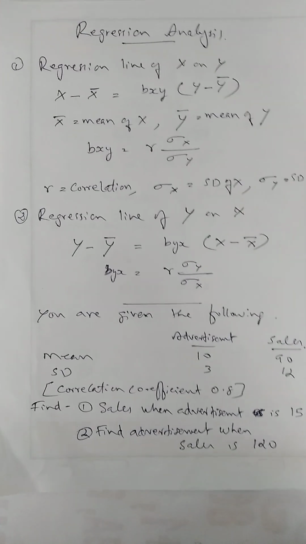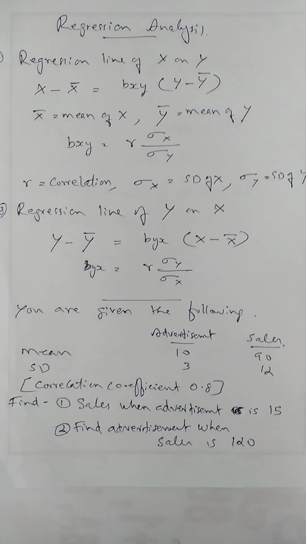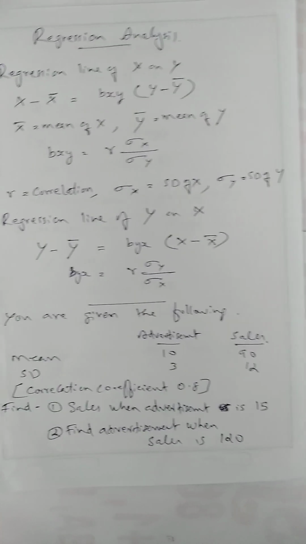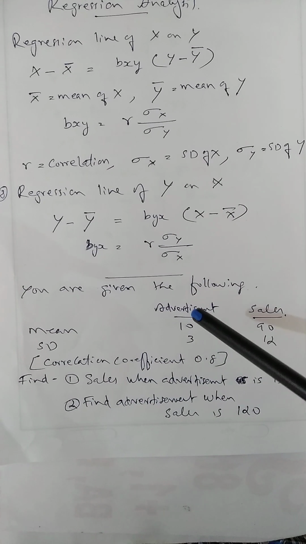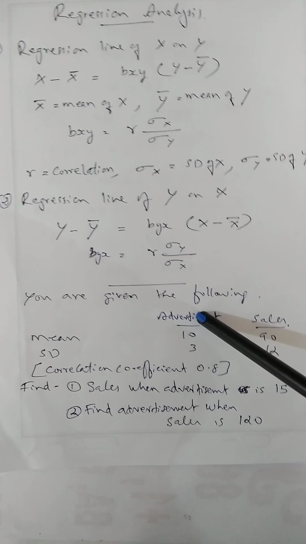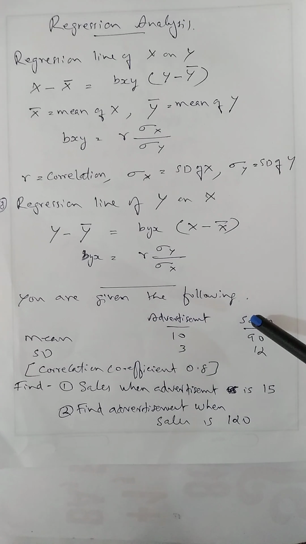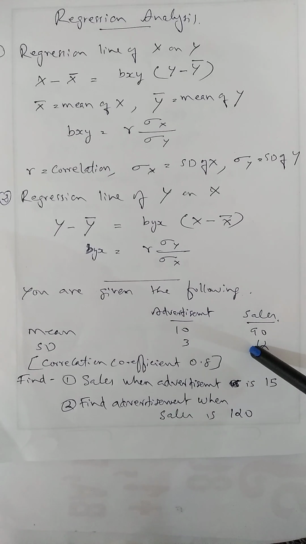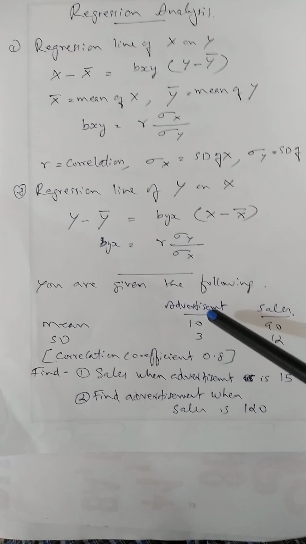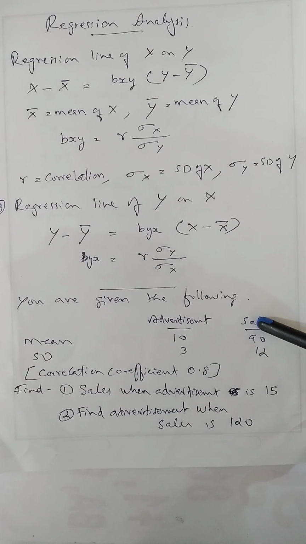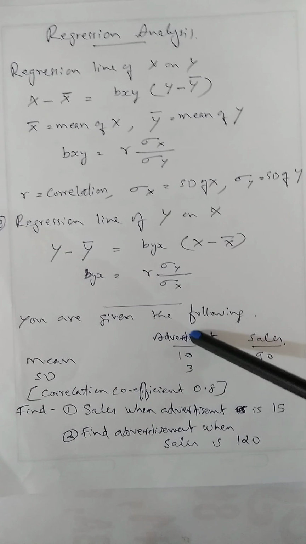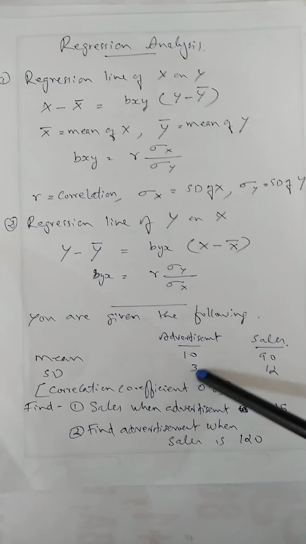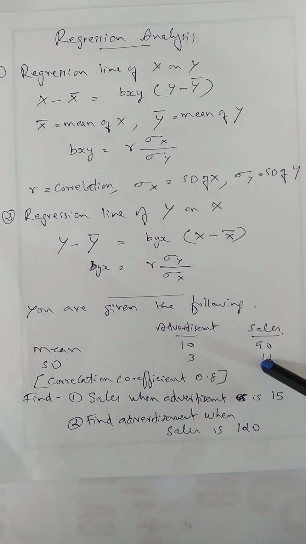Now we are solving this question. For this purpose, at first we have to consider the advertisement as X variable and the sales as Y variable. Here you can consider sales as X and advertisement as Y, there is no issue. Here I am considering advertisement as X variable and sales as Y variable.